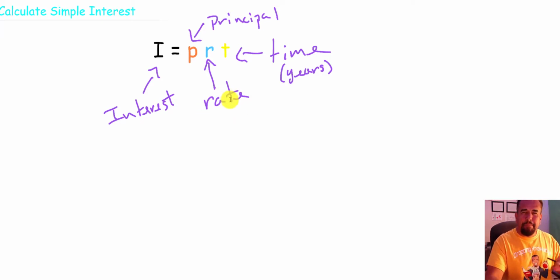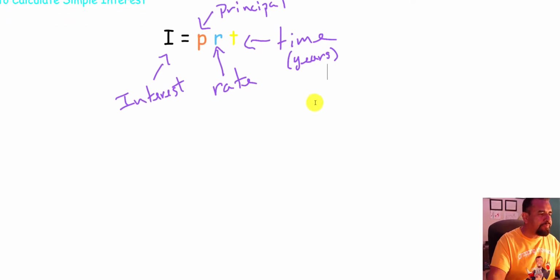Rate is the percent that they're charging us or that we are receiving. And time: how much time are we saving that money for, or how long is it taking us to pay off that loan? Time is calculated in years. That right there is the most important part. So make sure you got it written down, and let's look at an example.